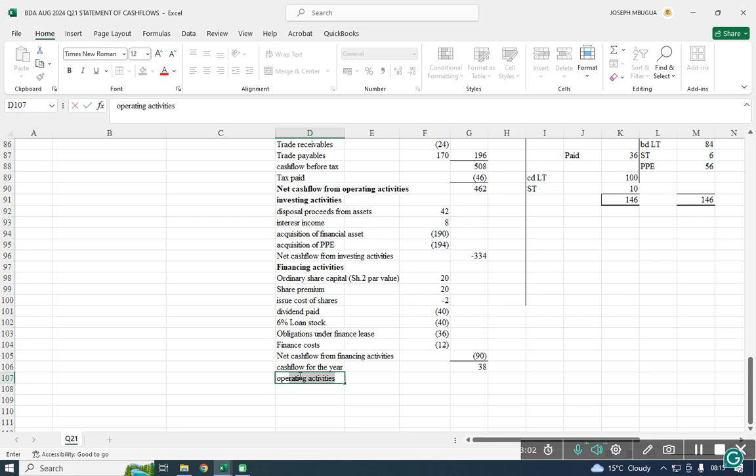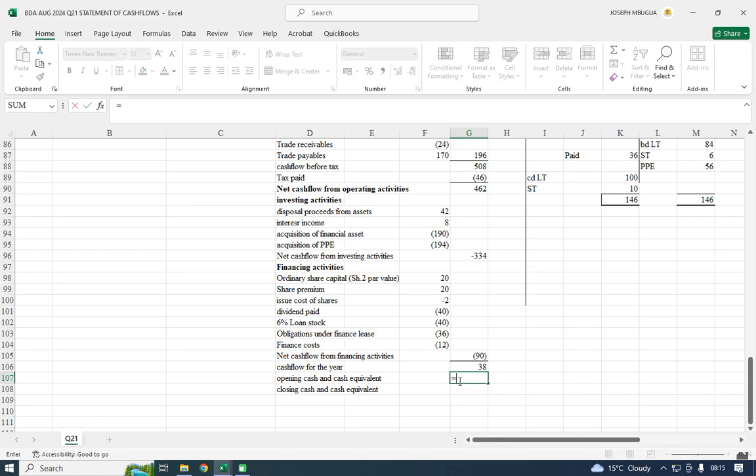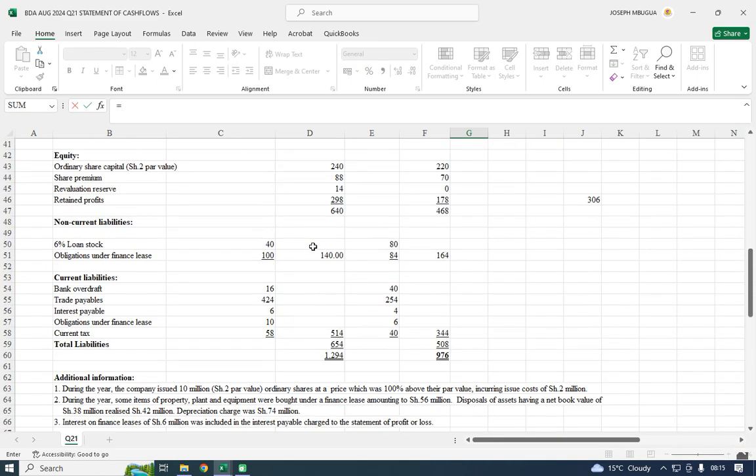Then we have the opening cash and cash equivalent, and closing cash and cash equivalent. So for the opening, I think we had cash and bank.